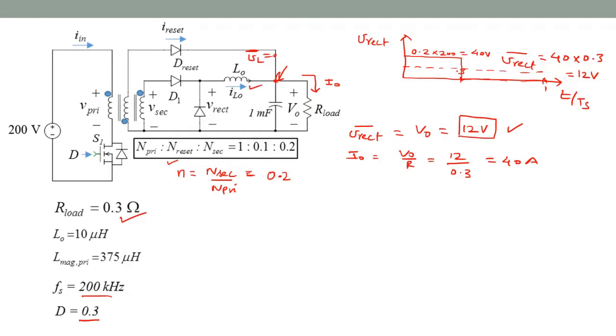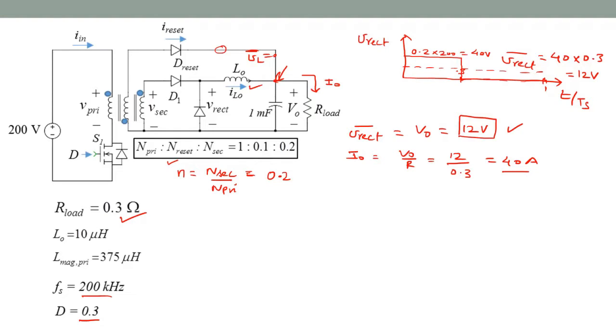What really happens due to this I reset current is that part of the load current is delivered by the average of I reset, and only the remainder is really this inductor current. I did not take off any points if that current was not subtracted from the load current. We calculated the load current to be 40 amperes.